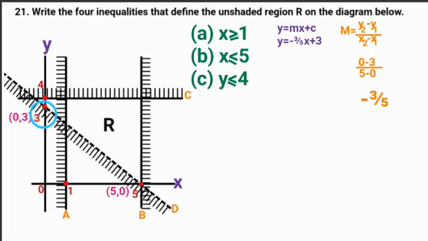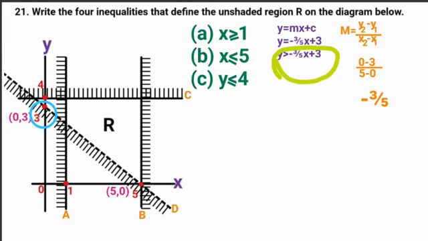So y is going to be greater than negative 3 over 5x plus 3. So that is the inequality that we have come up with here.